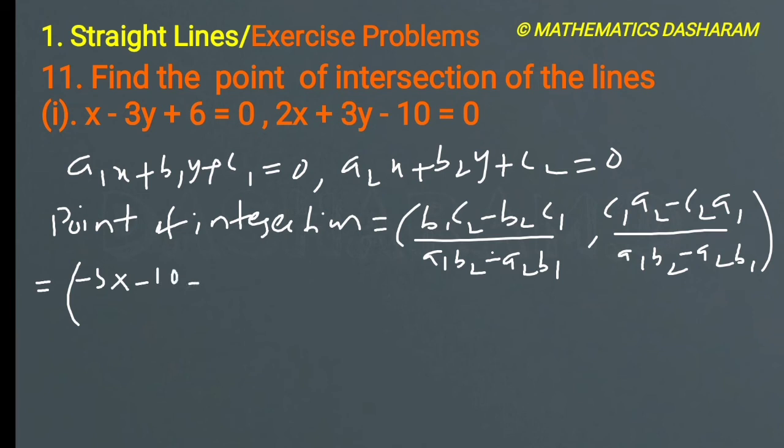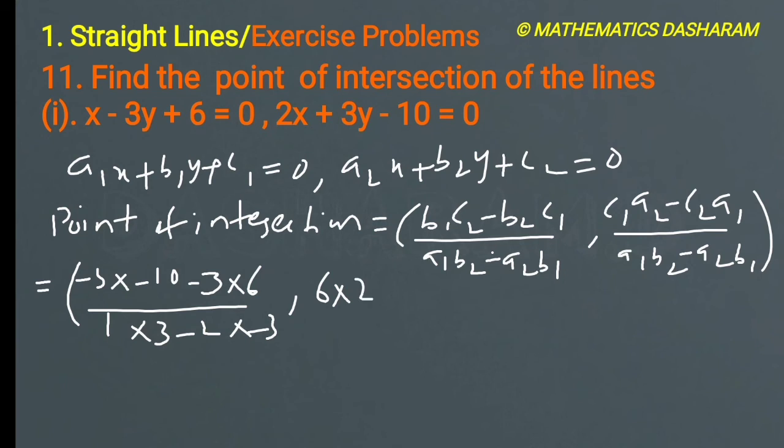Next minus b2, b2 is 3 into c1, that is 6, divided by a1b2, a1 is 1, b2 is 3, minus a2, 2 into b1, that is minus 3, comma, c1 6 into a2 2 minus c2 minus 10 into a1 1, divided by a1b2 minus a2b1.